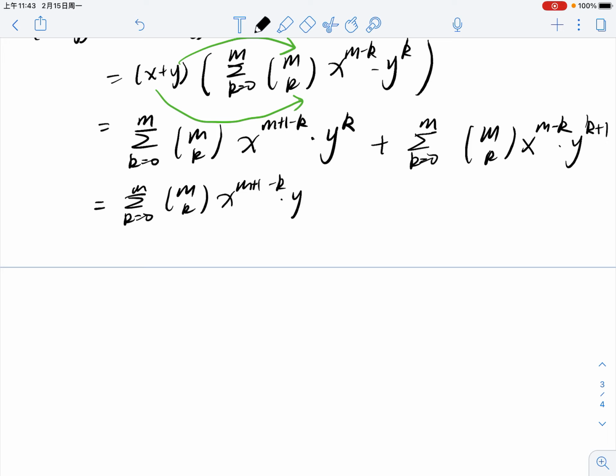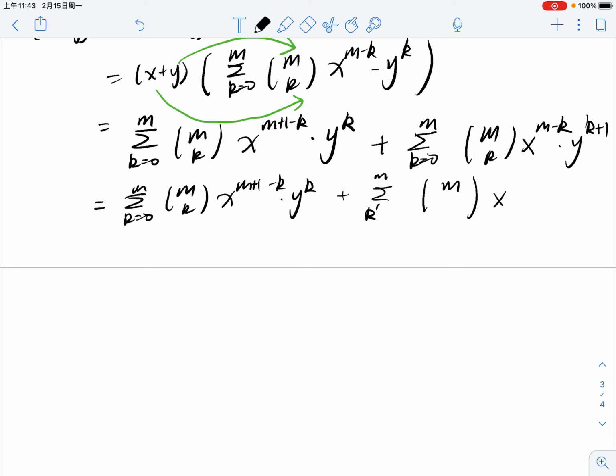Let's change the variable k to k prime. The reason is that later on, for the formula, you only have a clear summation of monomials.